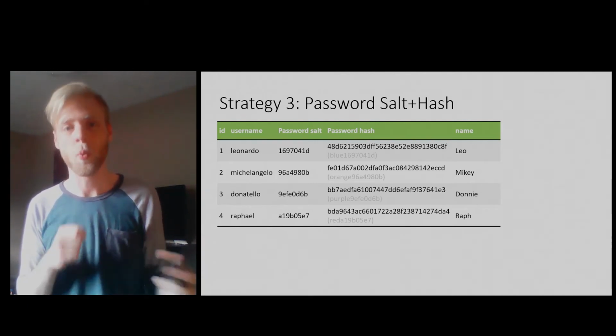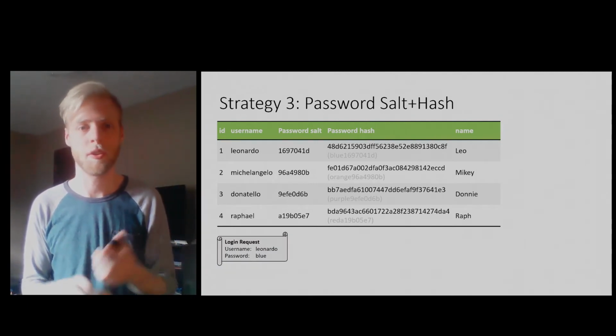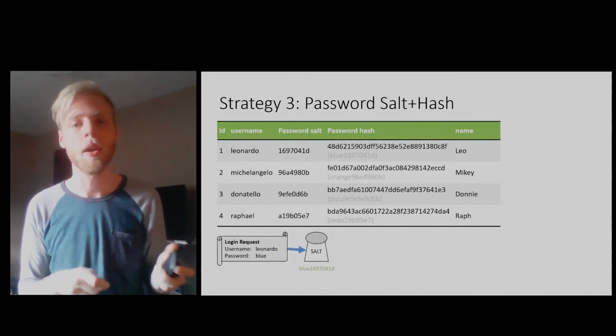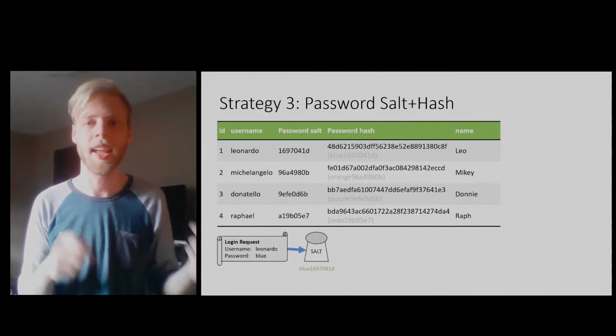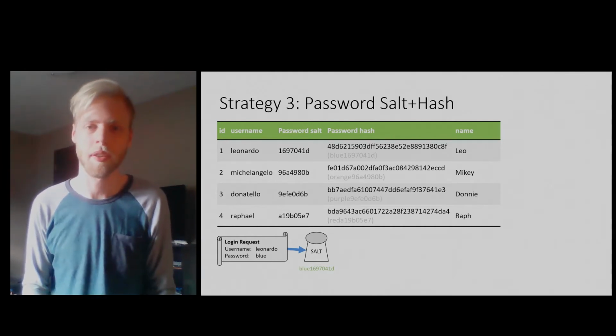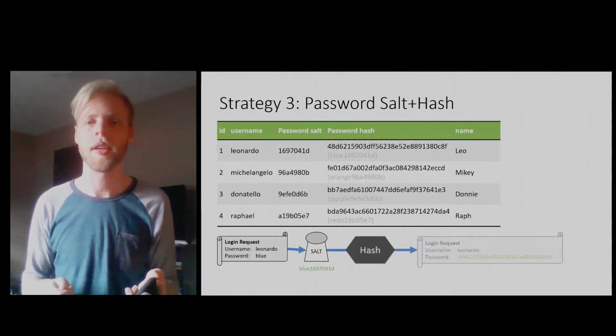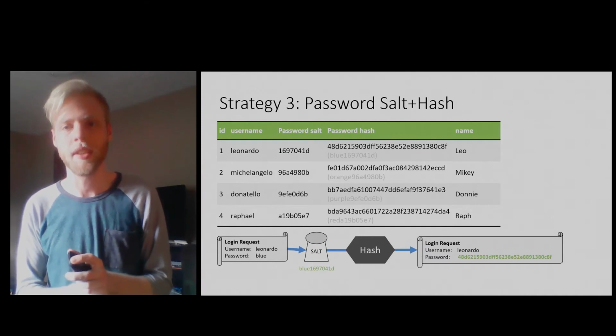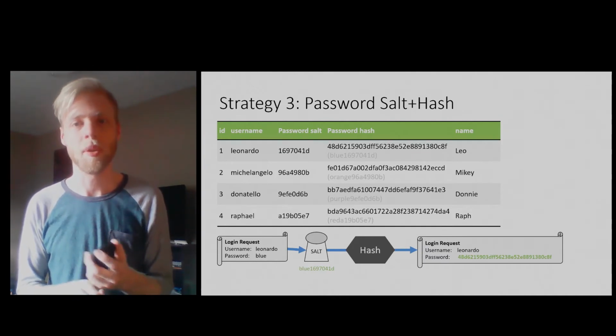Then, when the user logs in, we look up their username in the user table, and we see the salt that's associated with that user. Then, we append that salt to the password that they provided and hash that. Now, if this hash result is the same as the hash result that's in the user table, we know that they've logged in successfully.